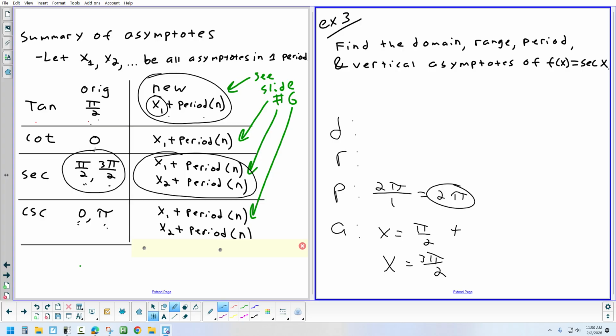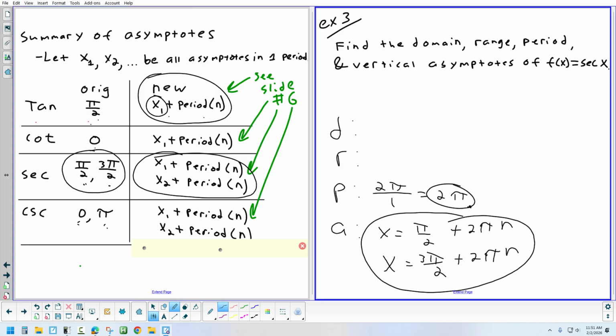Plus the period times n on all of them. That's how you do it. And what's the period in this problem? 2 pi. That's why I had you do this first, because you can't do this without knowing that. So that asymptote repeats every cycle, and so does that one.